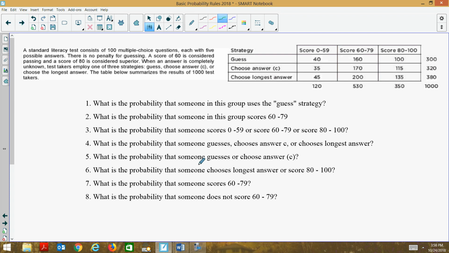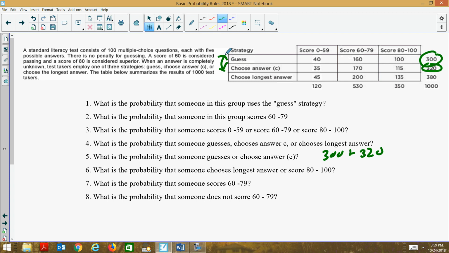What is the probability that someone guesses or chooses answer C? So first we want to see all the people who guess, which is 300, plus all the people who chose answer C, which is 320. So 300 plus 320. Now, the one important thing we need to ask ourselves is, are these 2 events mutually exclusive? The answer to that is yes.